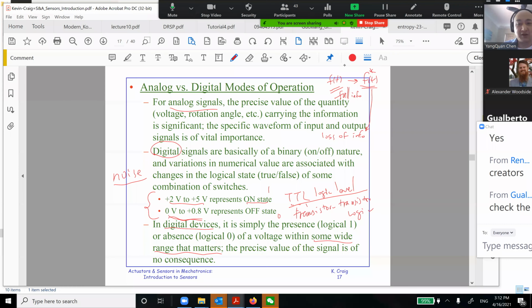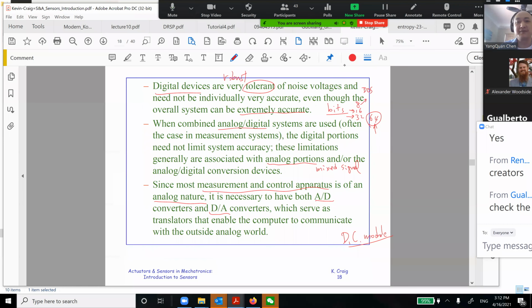Digital usually is like that, tolerant to noise. And it could be really accurate if you use many bits. It can be 8-bit, 16-bit, 32 bits. Today's computers usually operate at 64 bits. Okay, I used all of them, from 8-bit.